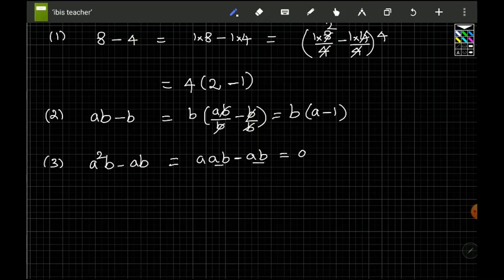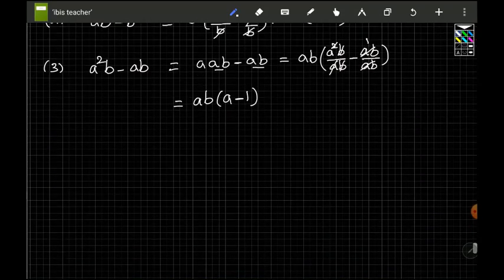We will take AB out, then A square B by AB minus AB by AB. Here AB and AB will be cancelled and the left out is 1. B and B will be cancelled. When A is cancelled against A square, you will have A left. So the answer to this will be AB into A minus 1.